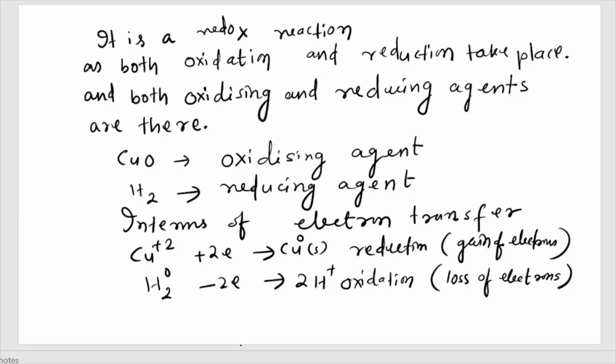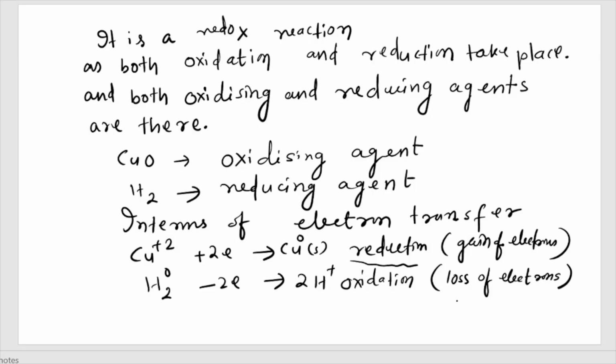Why? Gain of electron takes place. Reduction means gain of electron. And hydrogen has valency 0; when it loses 2 electrons, it gives 2H plus, oxidation, that is called loss of electron.